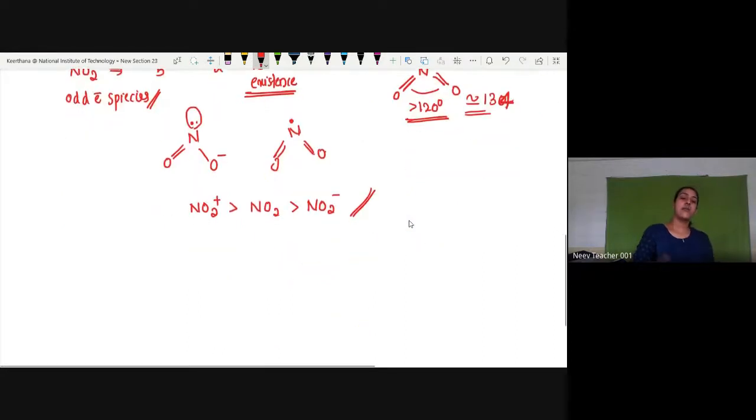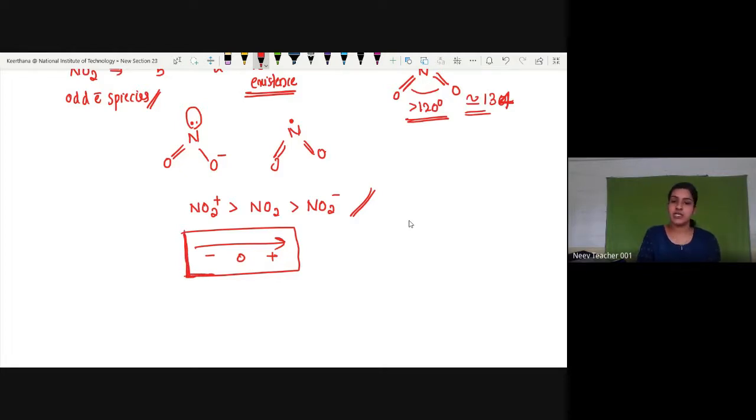In normal cases, if the same molecule in plus, neutral and negative forms is asked for the comparison of bond angle, the normal trend is like this. This is for your competitive exam, you can study like this.